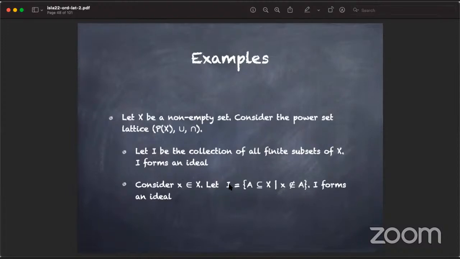Because if x is not in A and x is not in B, then of course x is not in A union B. And if x is not in A, then of course x is not in any subset of A. So these are other examples of ideals in the power set lattice P(X). I hope the idea of ideals is clear to you.